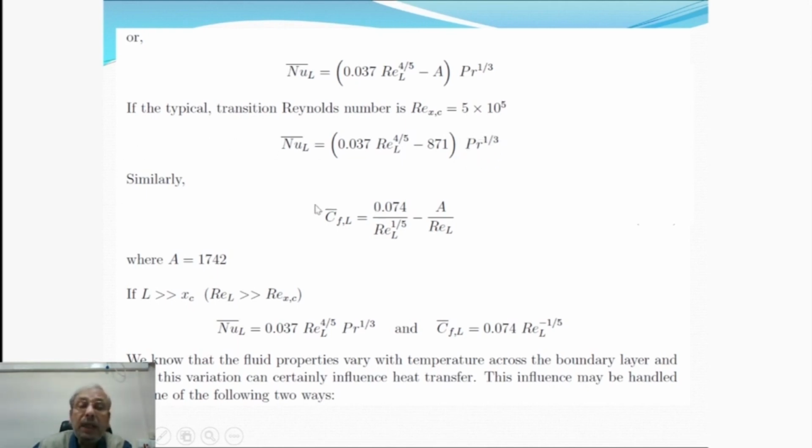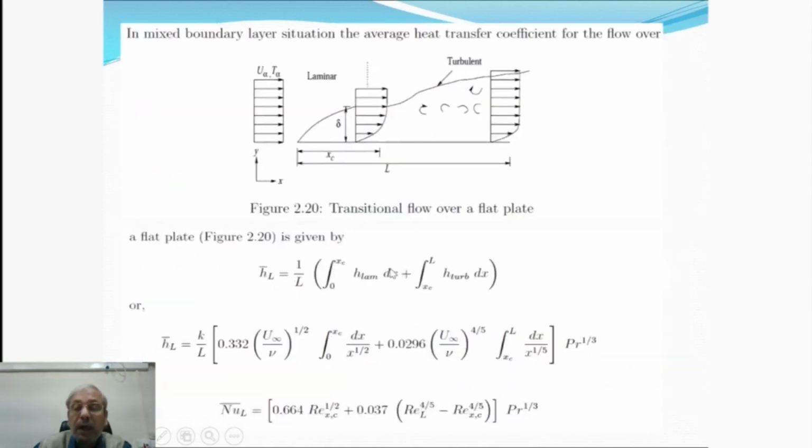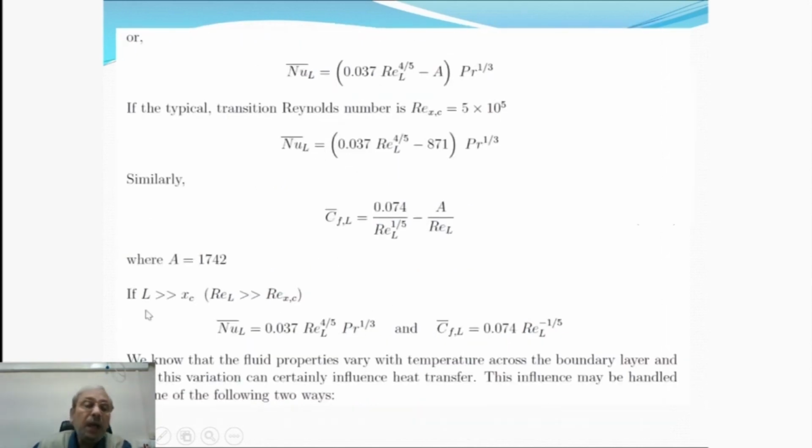Similarly, the average skin friction coefficient is given by 0.074 divided by Reynolds number based on plate length to the power 1/5 minus A divided by Reynolds number based on plate length, where A is 1742. This can be calculated from the basic principles as we have demonstrated earlier.